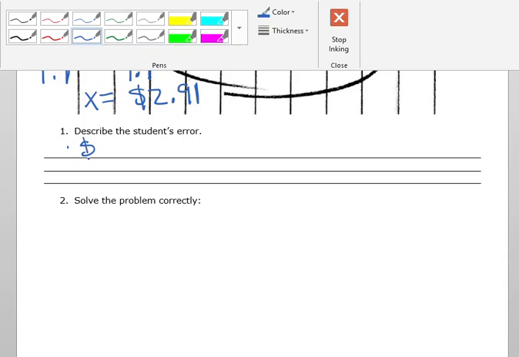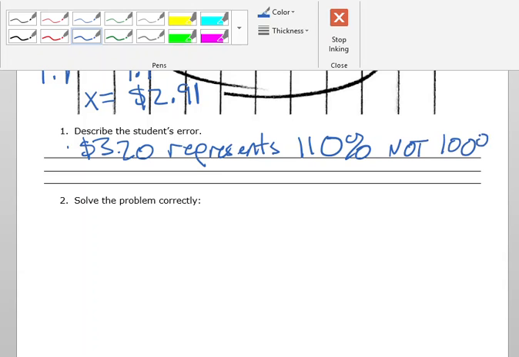But 320 here represents 110%, not 100%, okay? The 100% or the original price was what we were missing. So number 2 was to solve the problem correctly. We did that above. So I'm going to move on here.